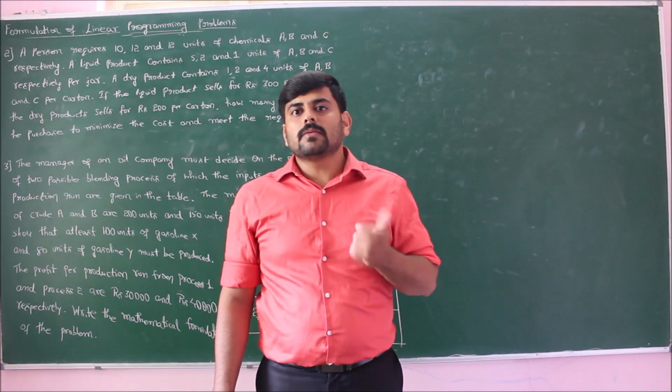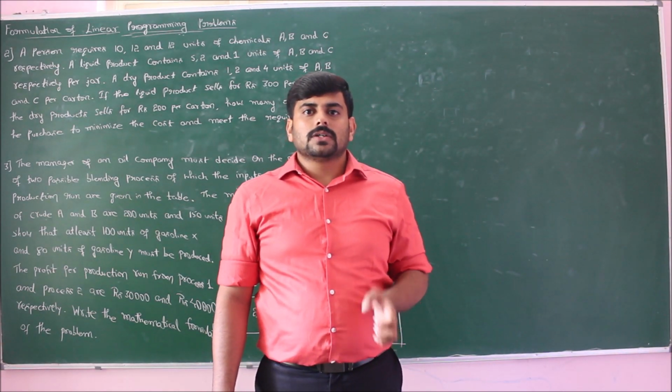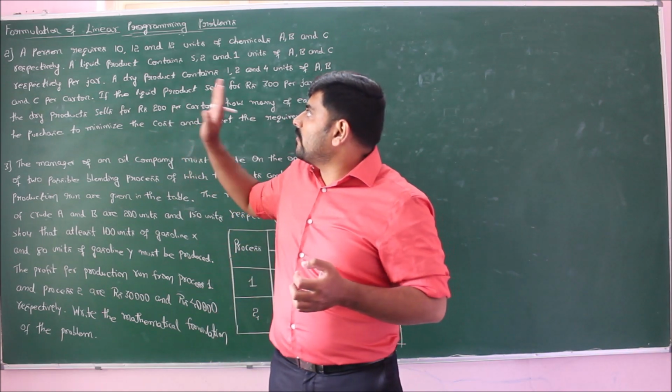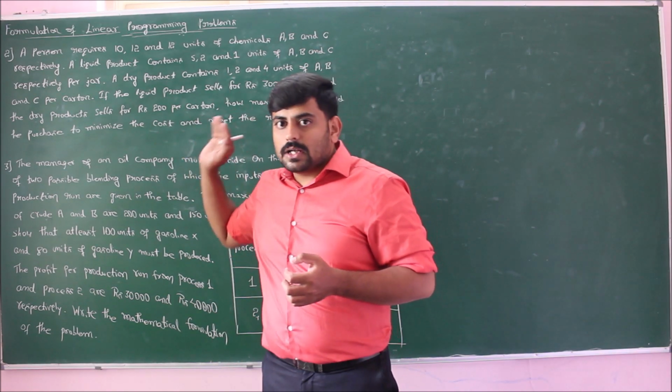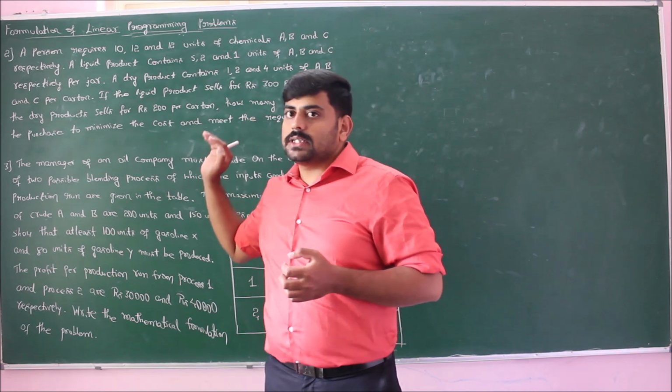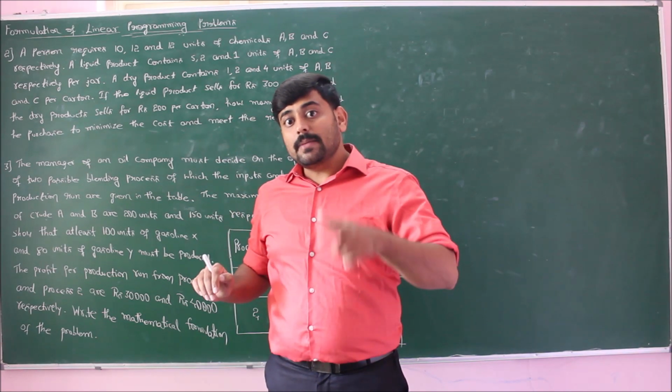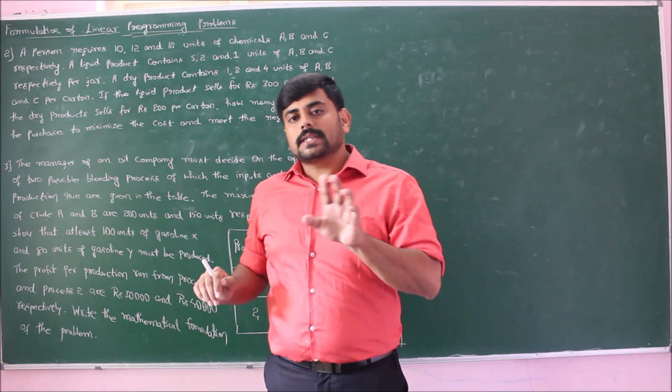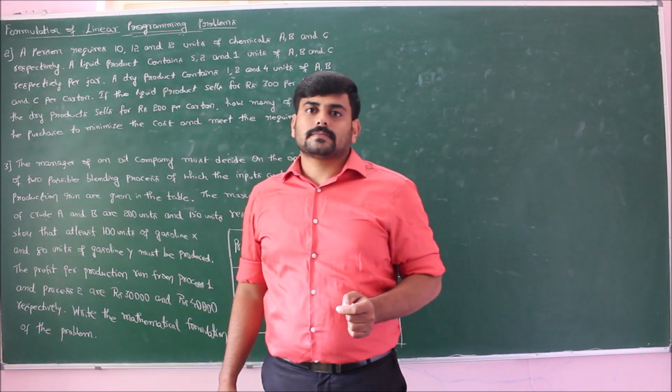So he should get a minimum of 10 units of chemical A, 12 units of chemical B and 12 units of chemical C by purchasing dry products and liquid products.